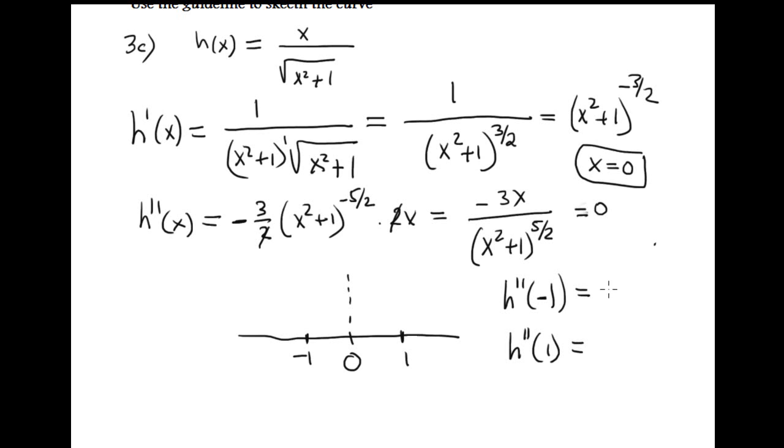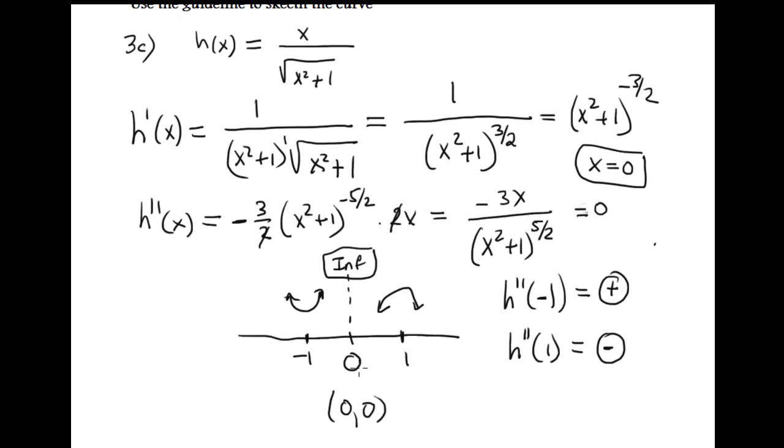Trust me, this is a positive value and this is a negative value. That means 1 is concave down and negative 1 is concave up. Conclusion, 0 is an inflection point. And remember that 0 is (0, 0). There's the x-intercept, there's the y-intercept, and also it's the inflection point.